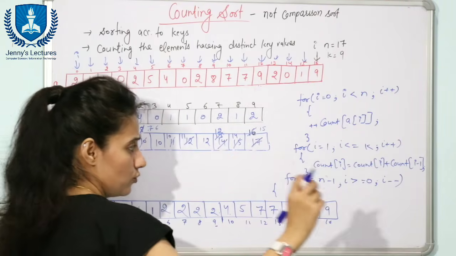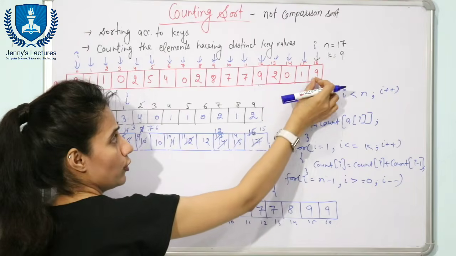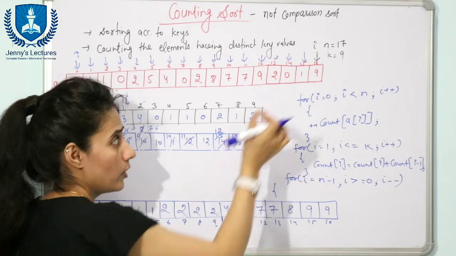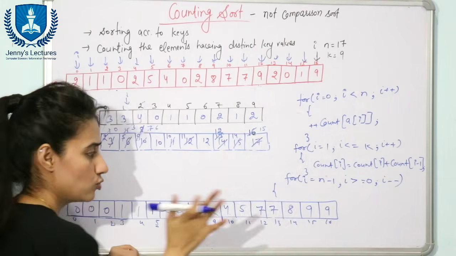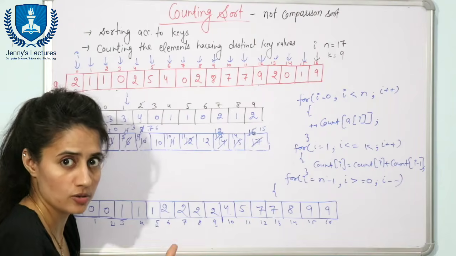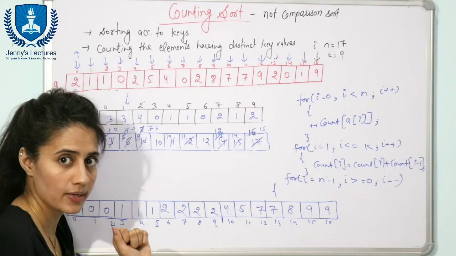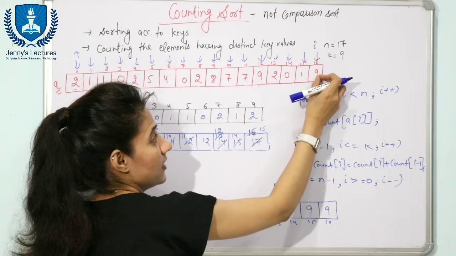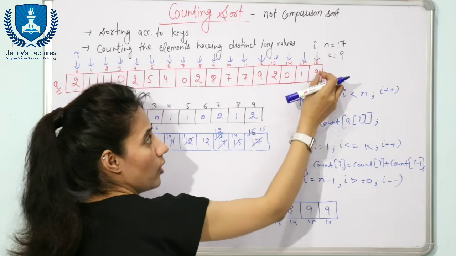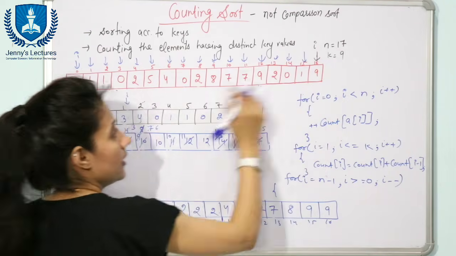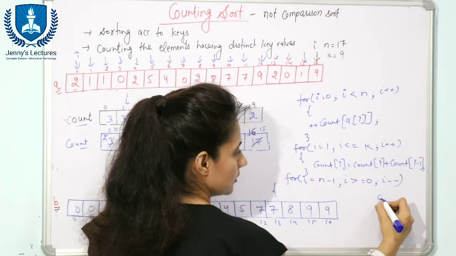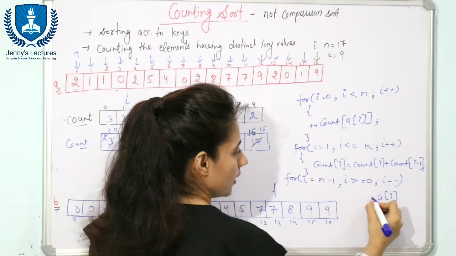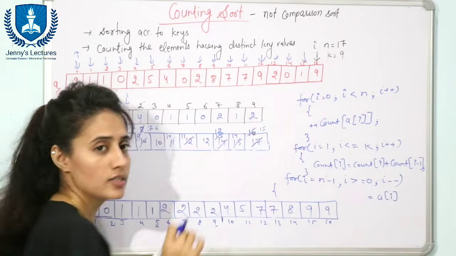First of all, we are going to take this value and place it in the sorted array after finding the proper position using this count array. So how to take this value? Array name is A, and A of I. This is how we are going to access this element.